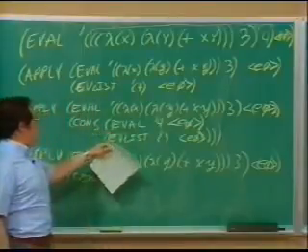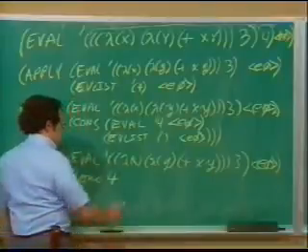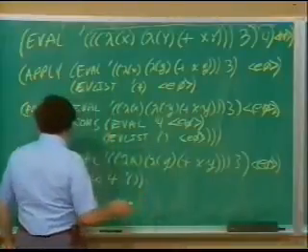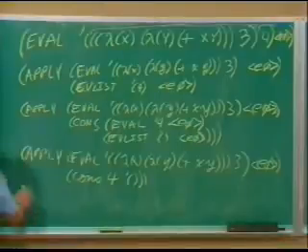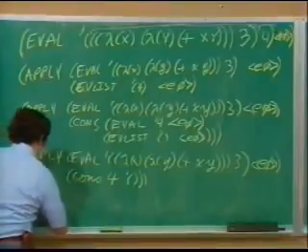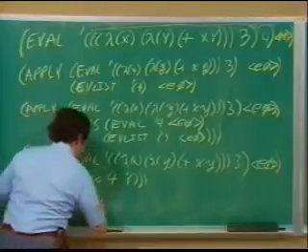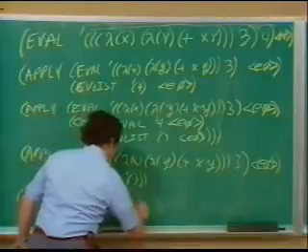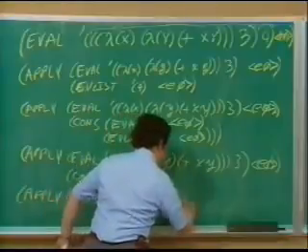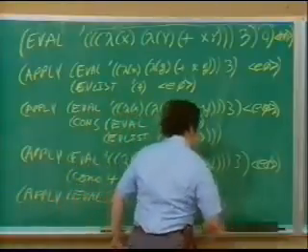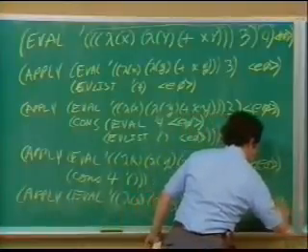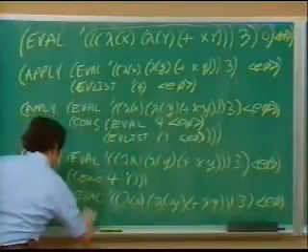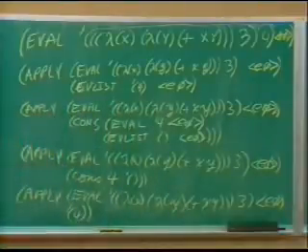And evlist of the empty list is the empty list. And that's very simple to understand, because that means it's just the list containing 4 itself. So this is nothing more than apply of eval of, quote, open, lambda of x, lambda of y, plus x y, 3, close, E0, applied to the list 4. Bang. So that's that step.